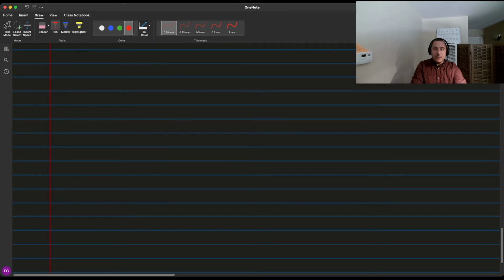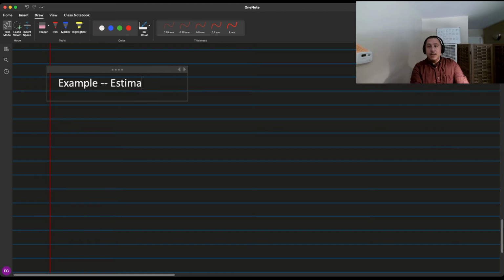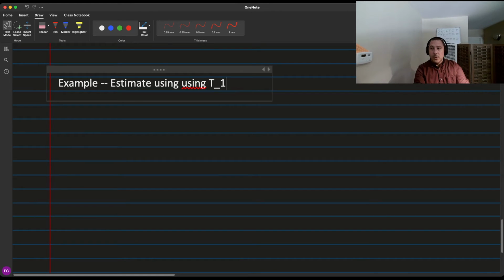All right, so let's do an estimation. Let's do a cool function. Example: estimate using the trapezoidal rule with 12 subintervals the definite integral.